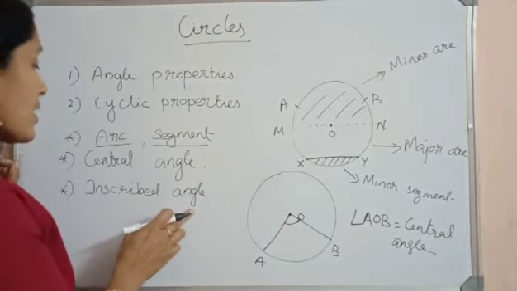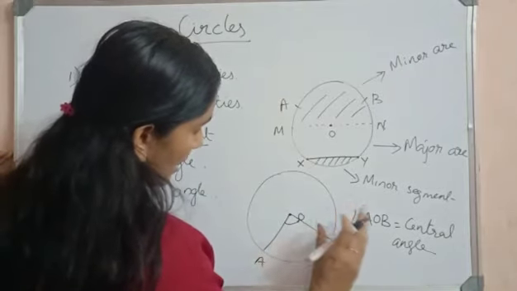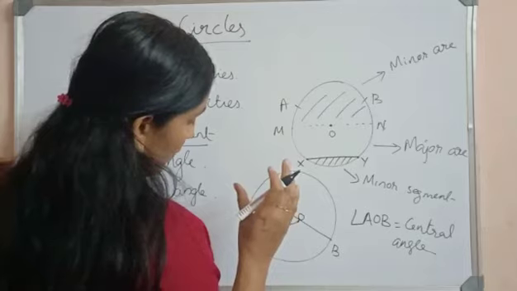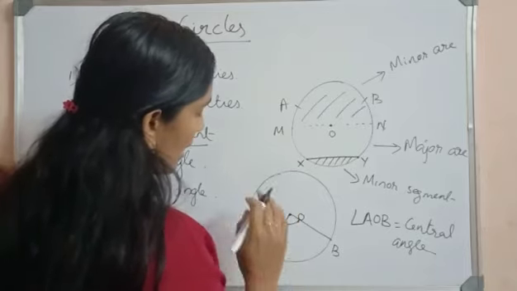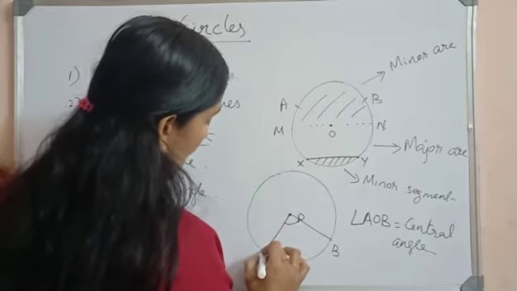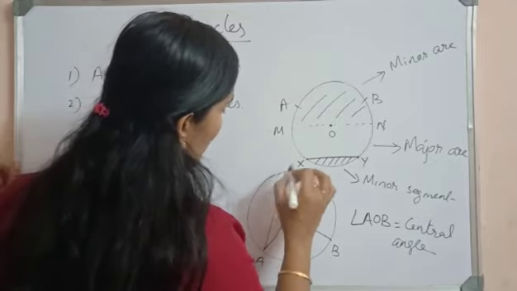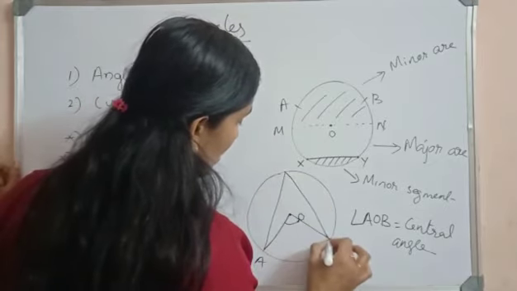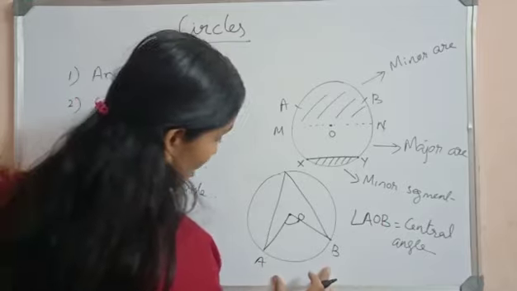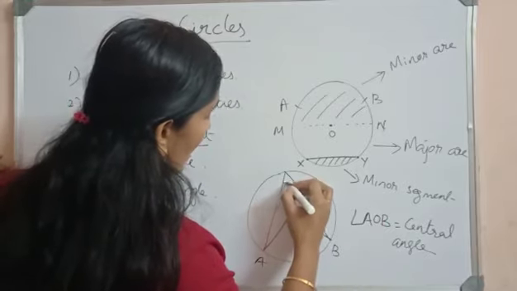The next is the inscribed angle. There is only a slight difference. The angle subtended at any point on the circumference of the circle by the given arc is called the inscribed angle.